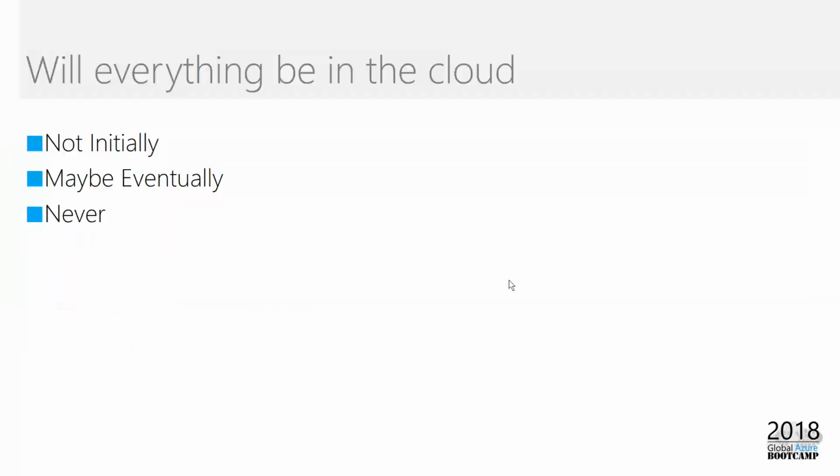A little bit more on hybrid integration. This is the good question: will everything be in the cloud? Probably not. There's still going to be stuff scattered around that you need to get to. Some of the bigger organizations are putting a lot of stuff in the cloud, but there are still large data warehouses and things like that people are keeping on premises.